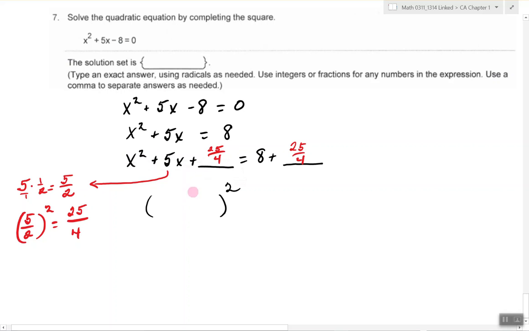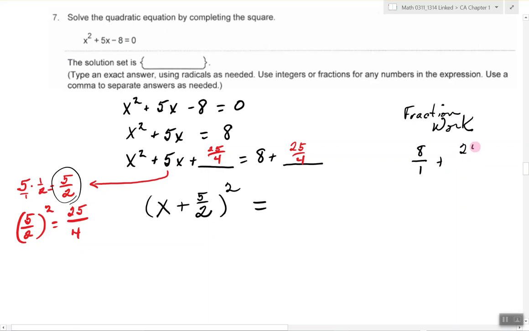How do you find its factors? Always x, and then here's the number. And it's a positive, so it's plus 5 over 2 equals. Well, I think I'm going to have to come over here and do my fraction work. I have 8 over 1 plus 25 over 4.